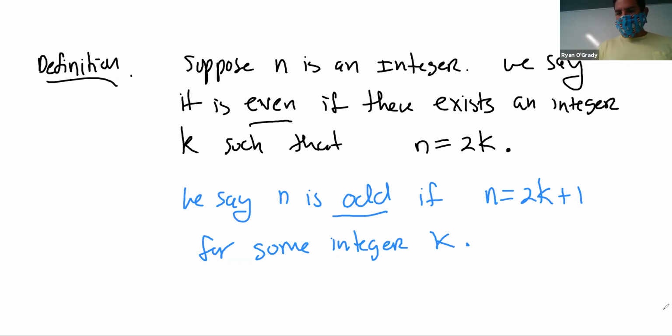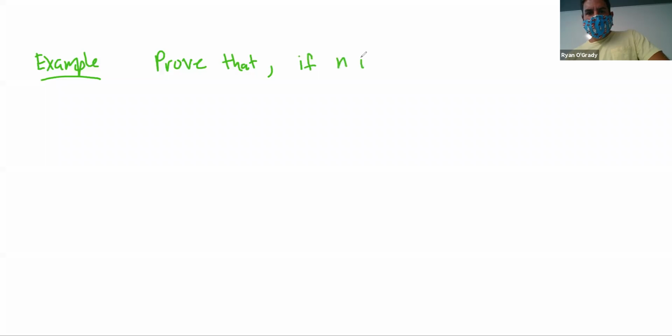All right, so here's one of our first sort of proofs that we're going to get to see. So we are going to prove that if n is even, then n squared is even.